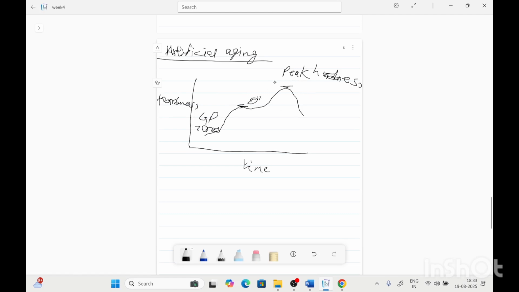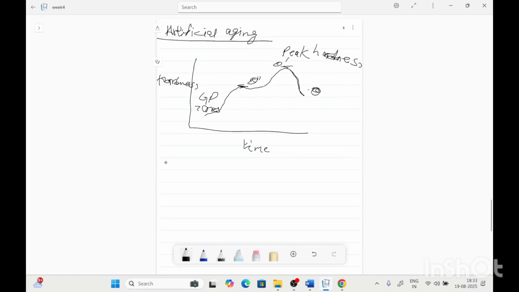Then at peak hardness, the theta double prime will change to theta prime, and after the theta prime precipitation, if time is given at that temperature, that will coarsen these precipitates and lead to the theta formation. So the theta are the coarsest precipitates in the system. That's why as the precipitates coarsen, the hardness will reduce.